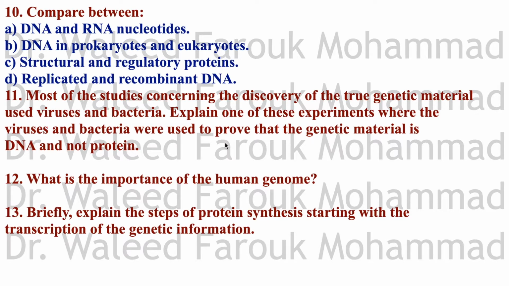Question number 11. Most of the studies concerning the discovery of the true genetic material used viruses and bacteria. Explain one of these experiments where viruses and bacteria were used to prove that genetic material is DNA and not protein.